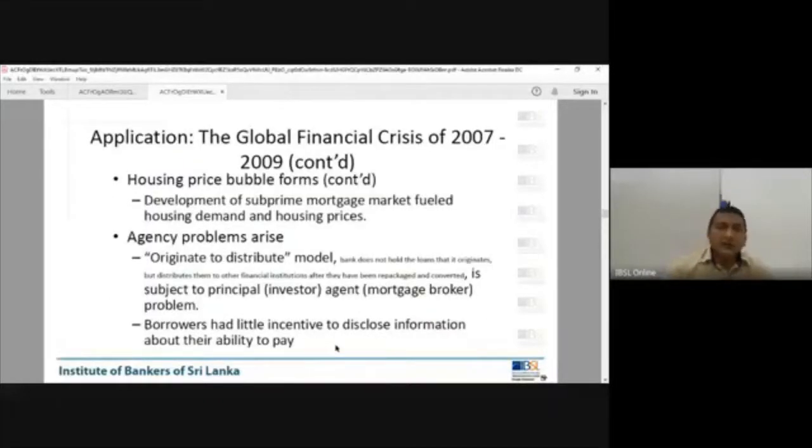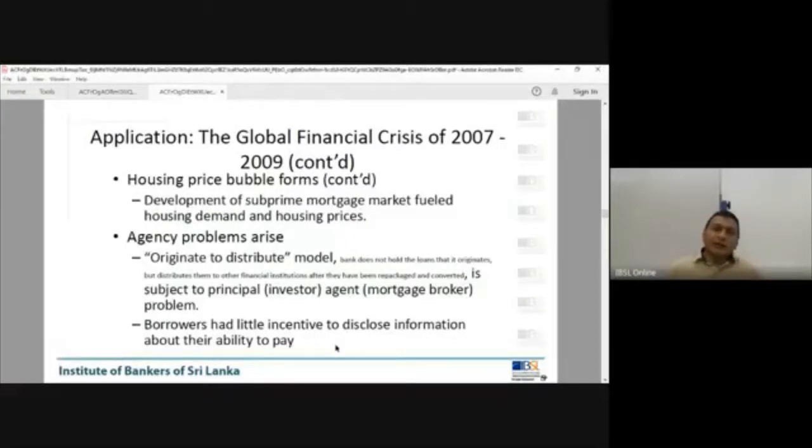Okay, so then the housing bubbles we were talking about were basically making prices surge.